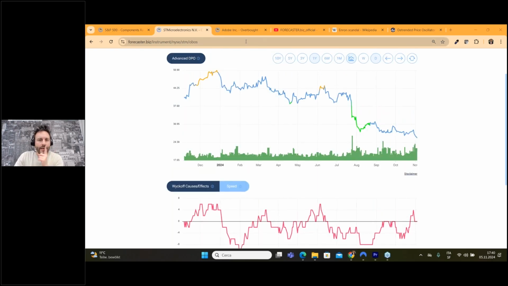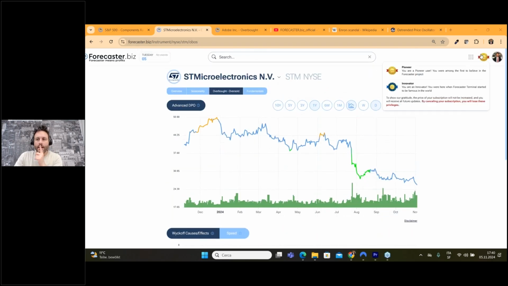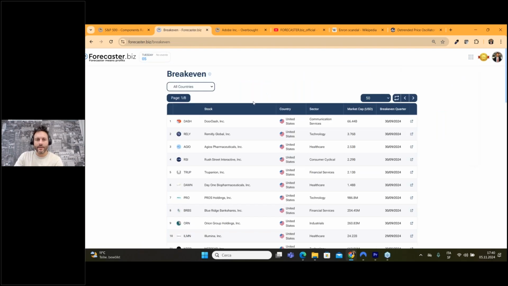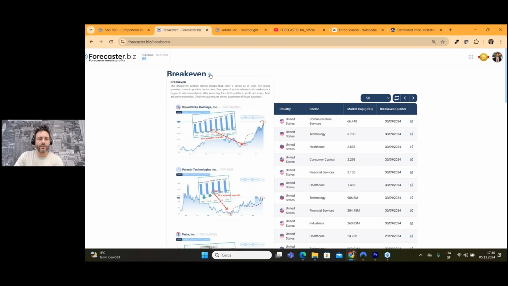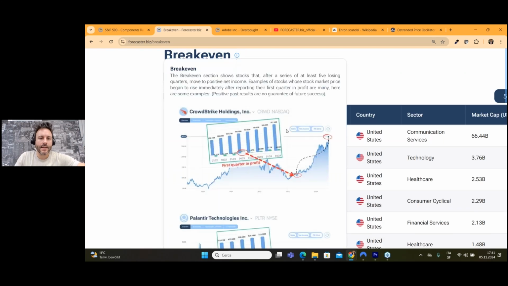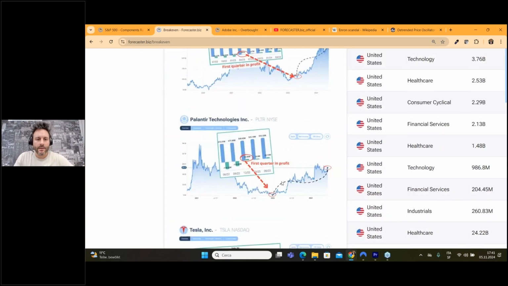Next week we will talk about another section of the forecaster, which is the break-even. This is a very nice tool, because what we experienced in the last years is that often a company starts to perform really well on the stock market from the point where the company has its first quarter in profit.